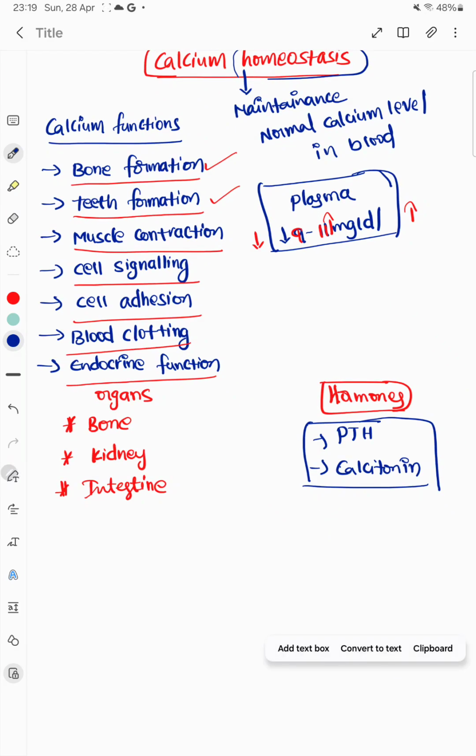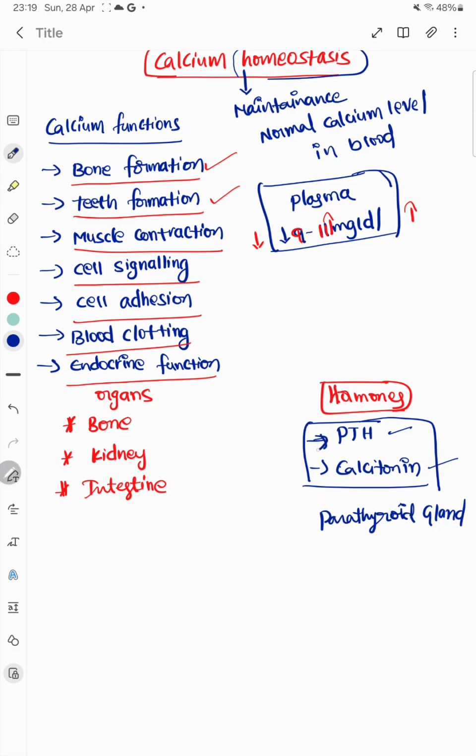And fortunately, these 2 hormones will be produced from the same organ but different cells. See here, parathyroid hormone and calcitonin will be secreted by the parathyroid gland, which is situated right posterior to the thyroid gland. You will see in the anatomy dissection about the parathyroid gland and the cells in the histology part.